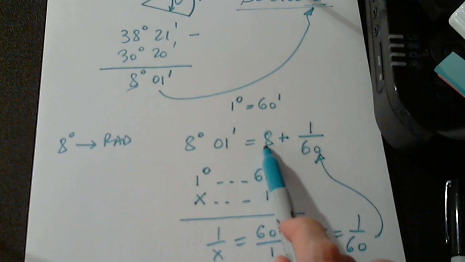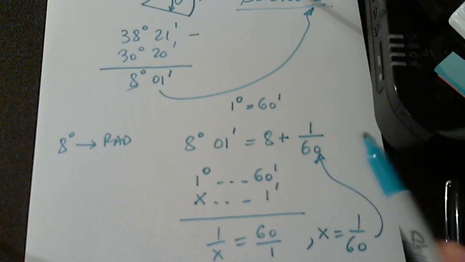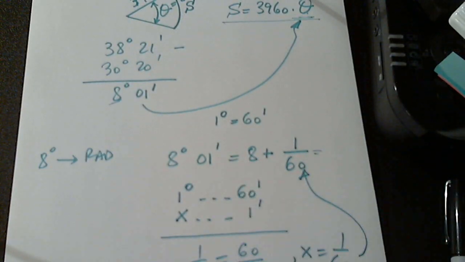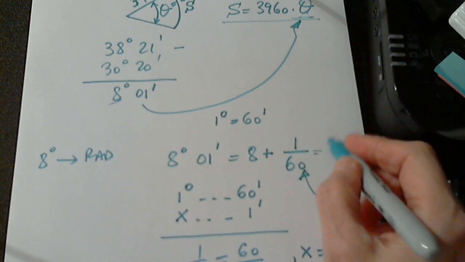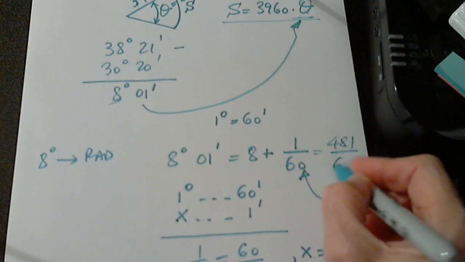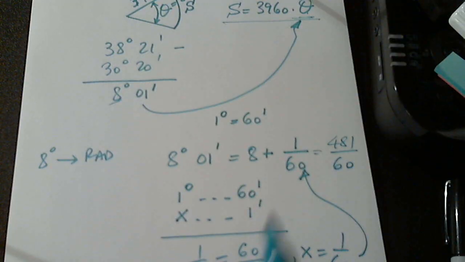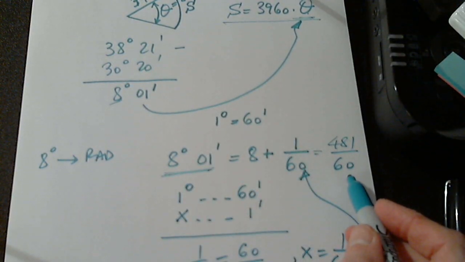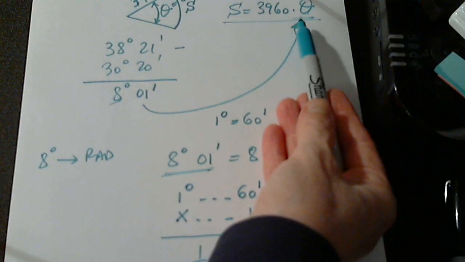So now I have 8 plus 1 over 60. That's no big deal. 60 times 8, 480 plus 1, 481 over 60. So I added these two to change everything into degrees, so that now I can change it into radians.